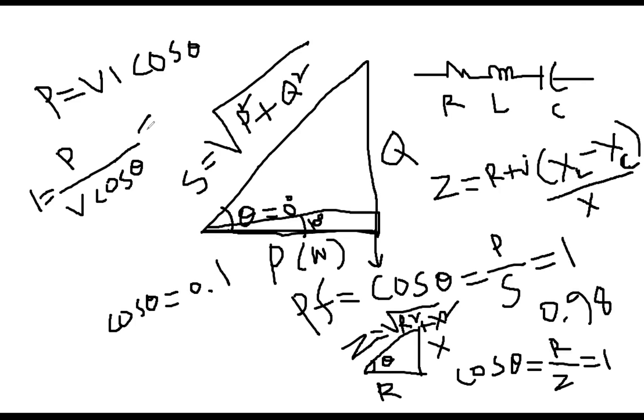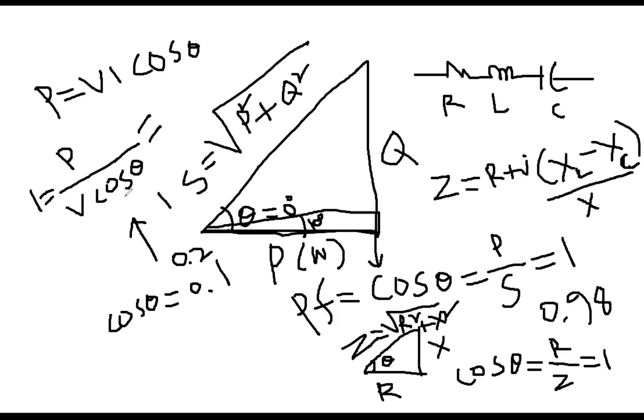Then you will get some current value. And then you gradually increase. You put 0.2, then you will get a lower current value. If you go in this way, only when cos theta is 1 will you get the smallest current. Do you understand what I am explaining?